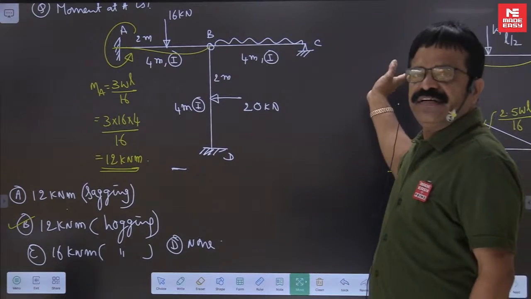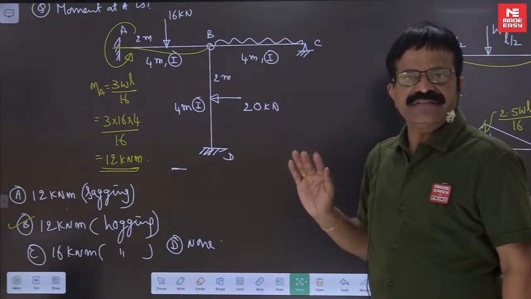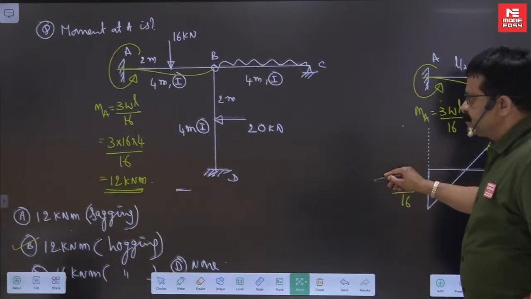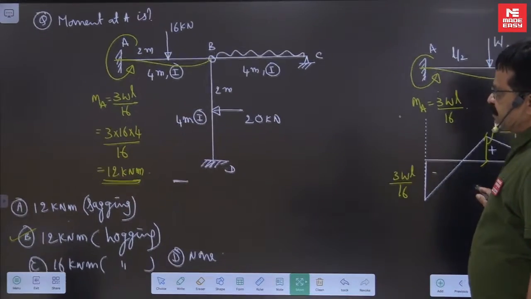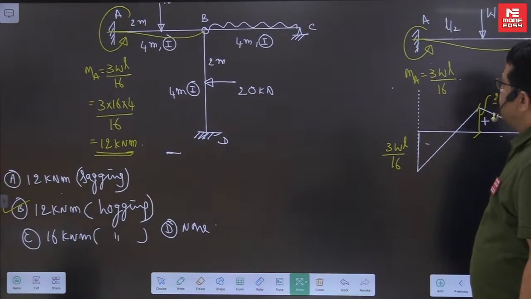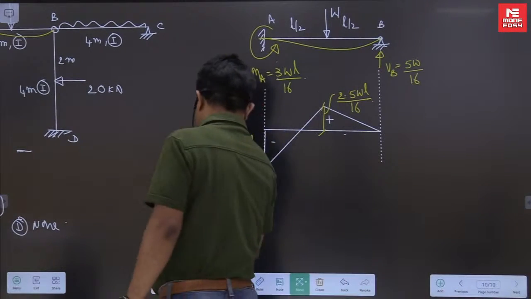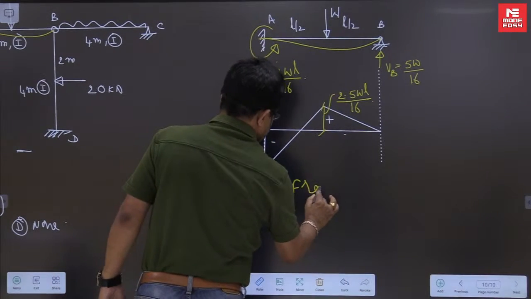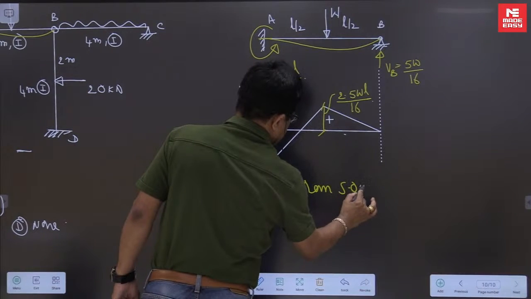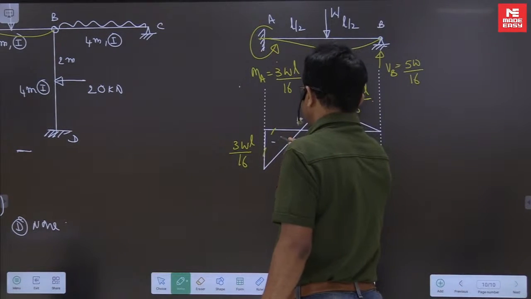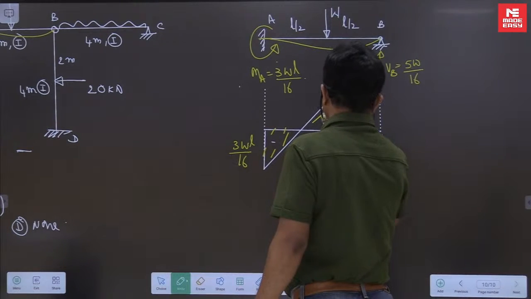Otherwise, 10-15 seconds you can complete MDM problems. Moment at A is like this, right? Now this is a profile which we know from SM. That you can simply attach there. This is your bending moment diagram.